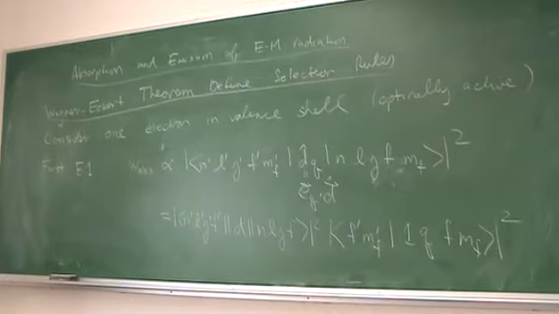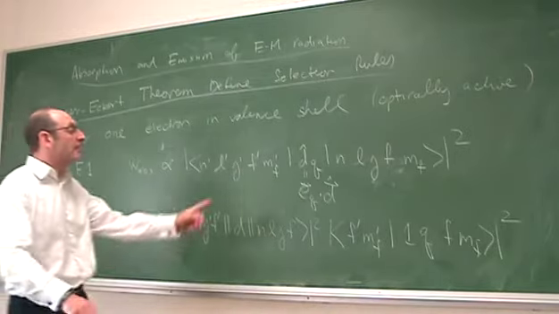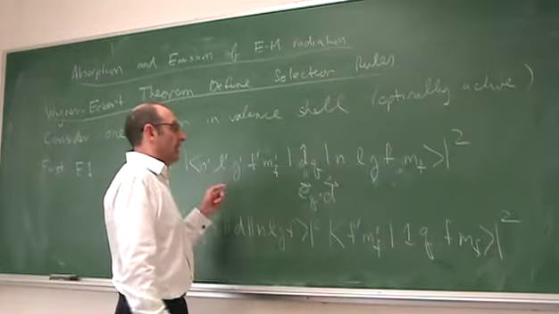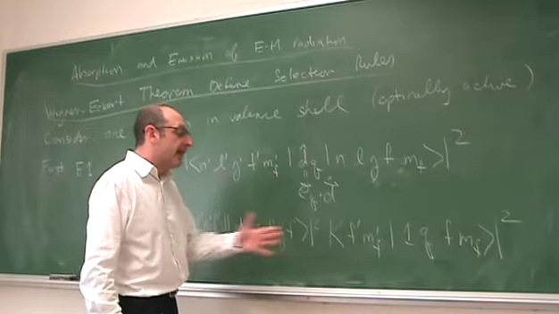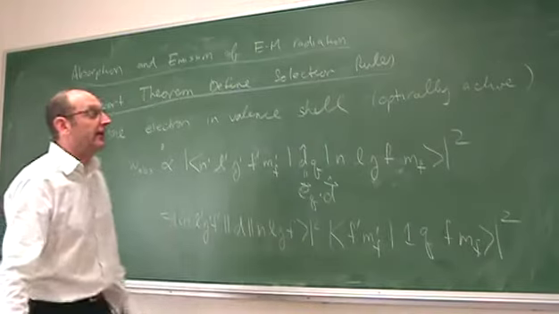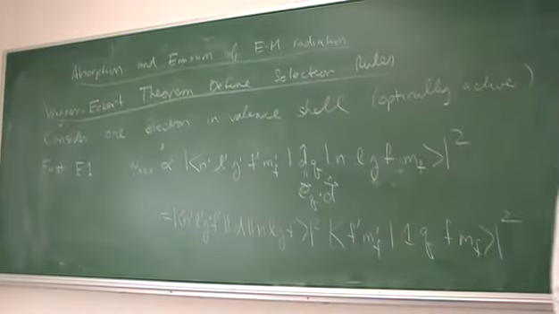So, from this, we learn the following. There are selection rules. If I'm going to absorb and go from one state to another, there are some restrictions based, firstly, on symmetries and conservation laws. The selection rule for E1.